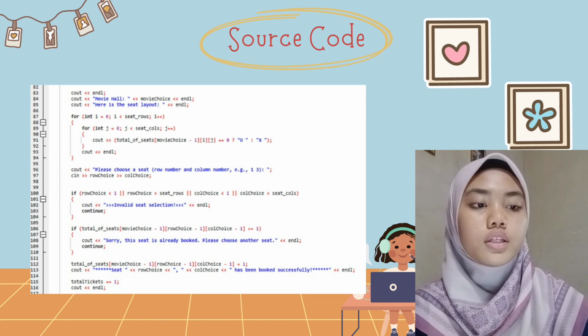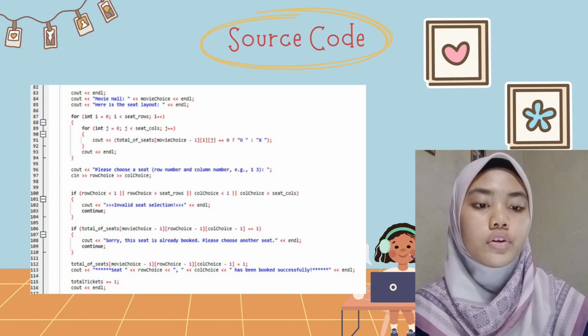The program validates the user's input and ensures it falls within the valid range of available seats. If the chosen seat is already booked, a message is displayed and the user is given the option to choose another seat. If the selected seat is available, it is booked and a confirmation message is shown. After that, the total number of tickets is updated.